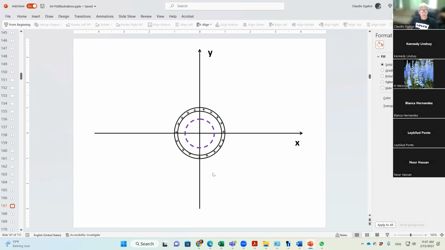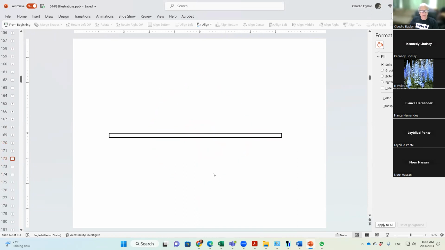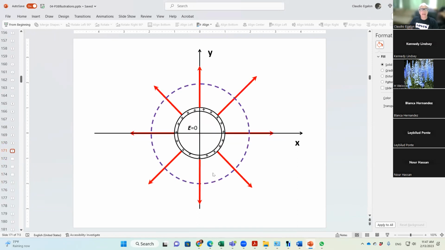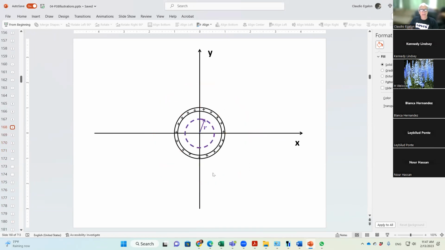So let's start calculating the electric field inside this spherical shell of radius R. Don't forget that we still have the electric field outside the spherical shell as well, but let's calculate the electric field inside first.